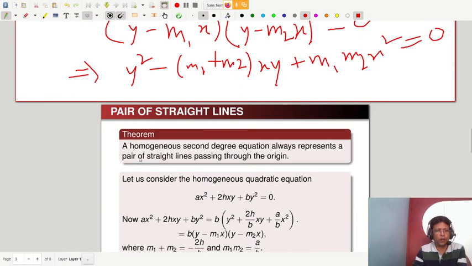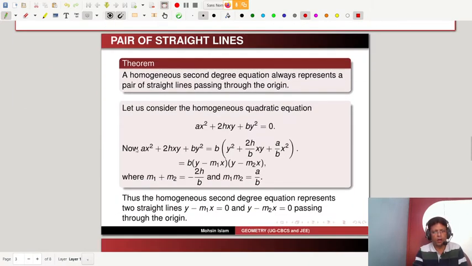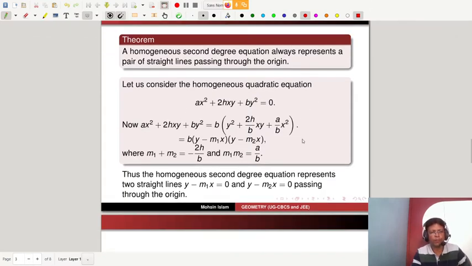So that was the theorem. The theorem was talking about a homogeneous second degree equation always representing a pair of straight lines passing through the origin. Now you can write this equation. This is a homogeneous quadratic equation in x and y.